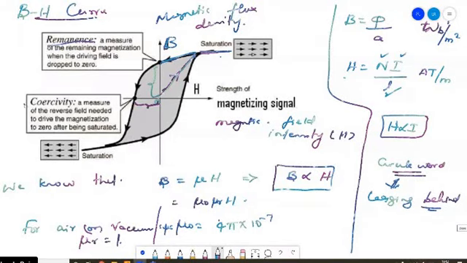That is where you can measure this coercivity. It is a measure of the reverse field needed to drive the magnetization to 0 after being saturated. Here it was saturated, and after saturation, if you reverse I, at a particular point it will become 0. That point is where you need to measure the coercivity.